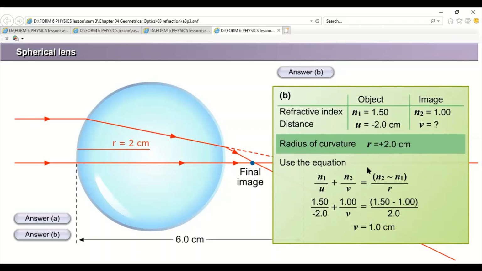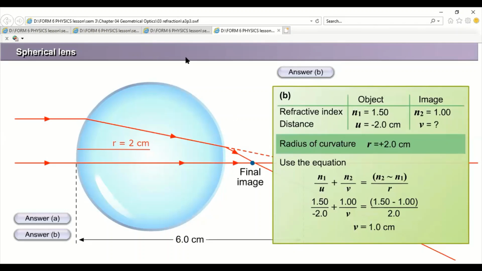Okay, so we calculate, and we get that v is equal to 1 cm. That means that this one is considered a convex surface now. So 1 cm is positive, that means 1 cm in front. So v is 1 cm.